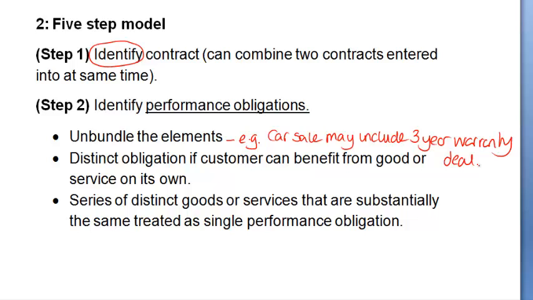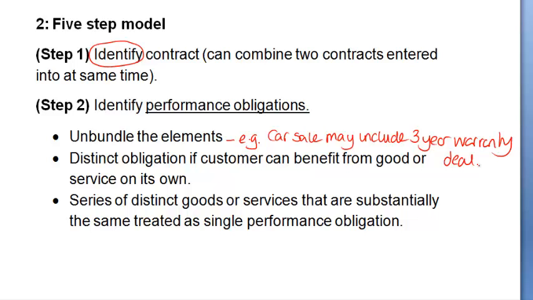So we've agreed to pay $40,000 for a car, and included in that is a 3-year warranty transaction. Or we've agreed to buy some computer equipment, and that includes 3 years maintenance and servicing by the computer company.